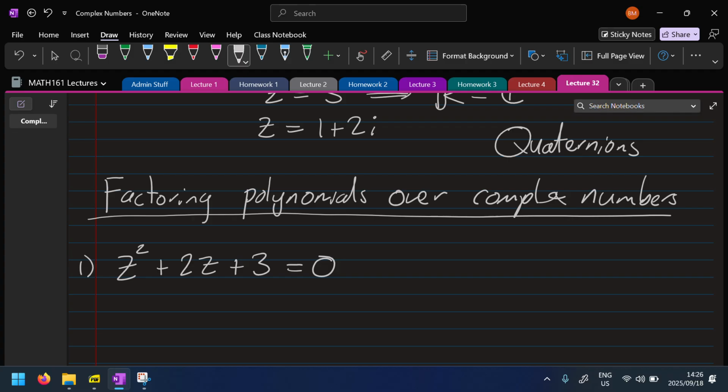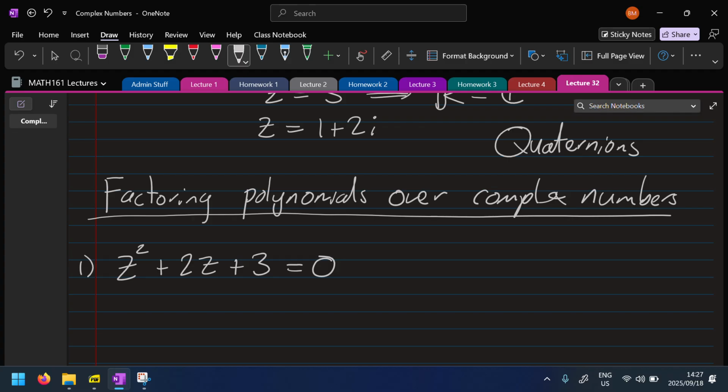Now, a quick check with your knowledge of factoring with real numbers. Will this have real solutions? Your a, b, and c, you can check. Can we write this as z plus a, z minus b, or something like that? Check. No. So that means all of the methods from last year, trying to factor this using the prime factors, that's not going to work, right?